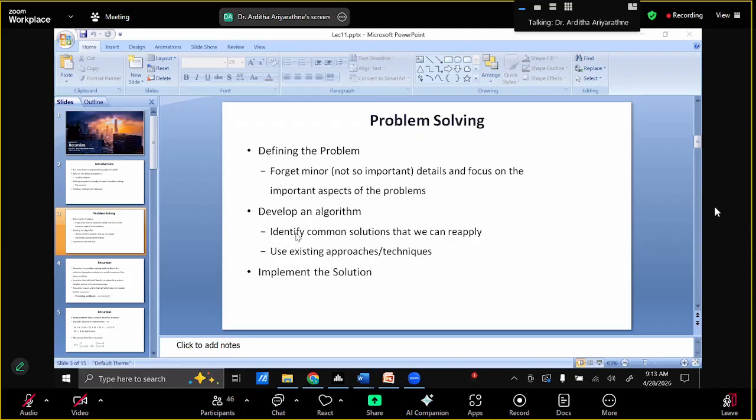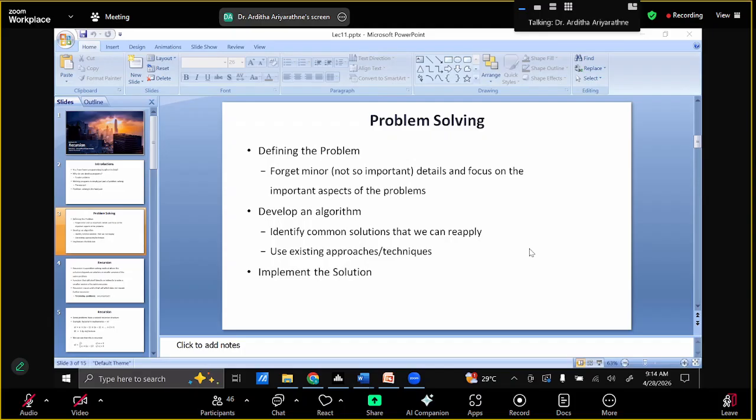I told you to think about a solution, prepare a solution, then write the algorithm according to that. Initially we identify the problem, then we think about what type of inputs we have, what type of output we need, and then how to do the solution. Then we write the algorithm according to our planned solution.